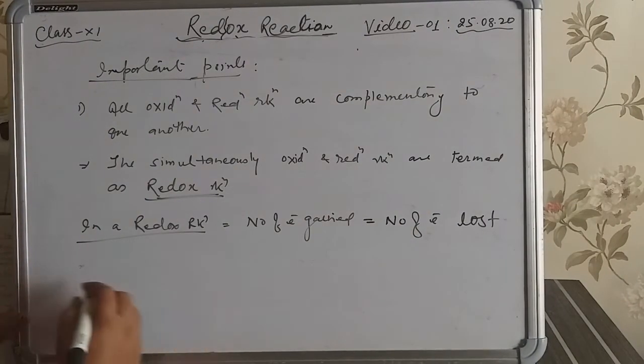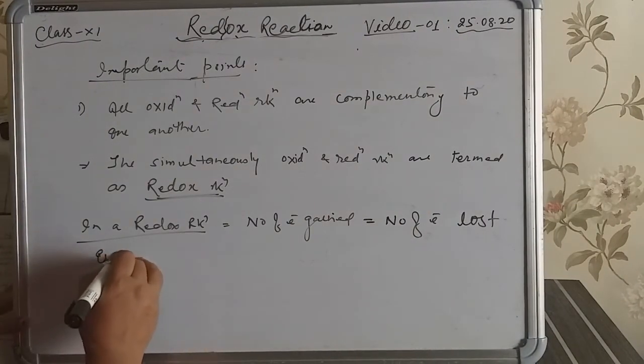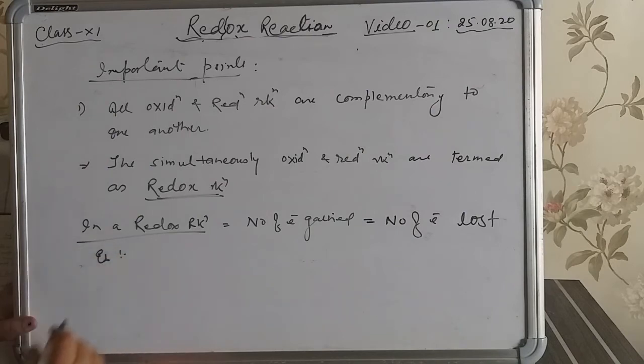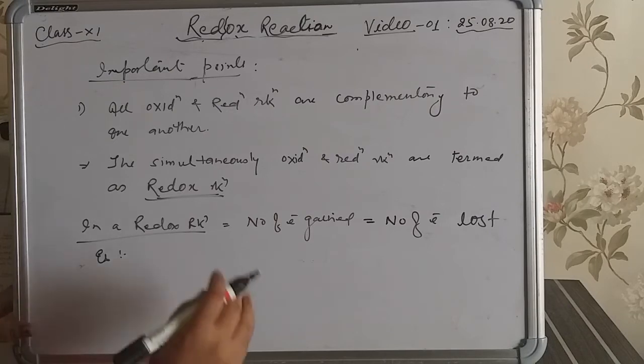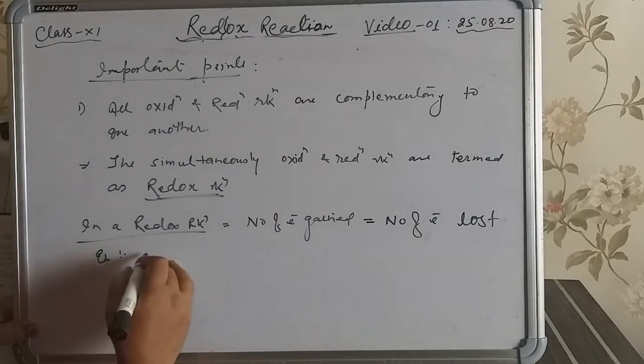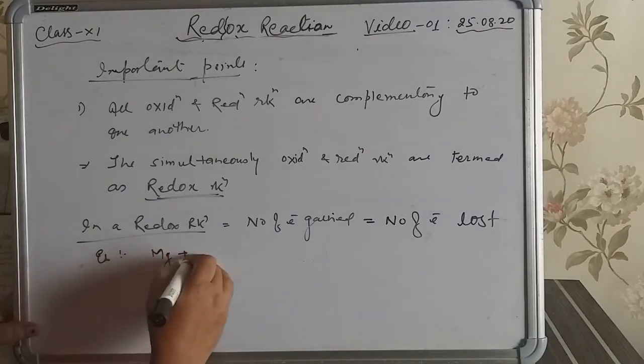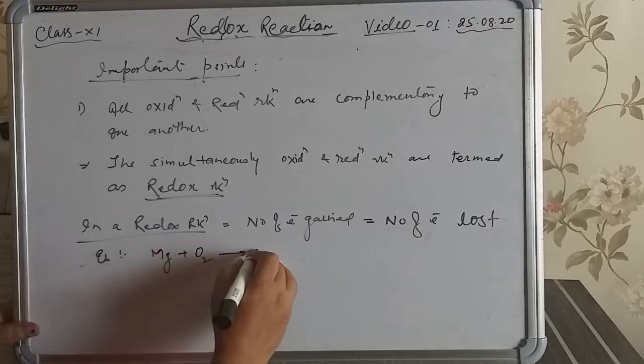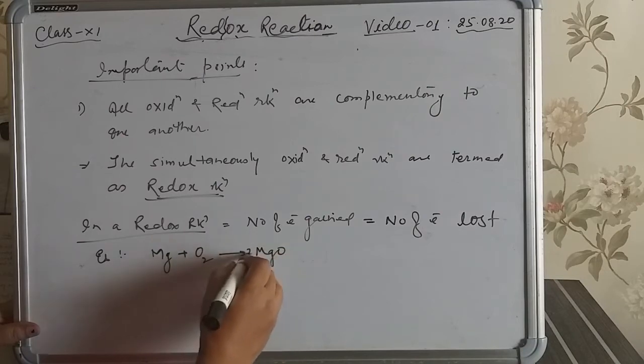So we simply define the modern redox reaction: whenever oxidation and reduction take place simultaneously, it is termed a redox reaction, meaning simultaneously the number of electrons gained and lost. For example, magnesium and oxygen form magnesium oxide.